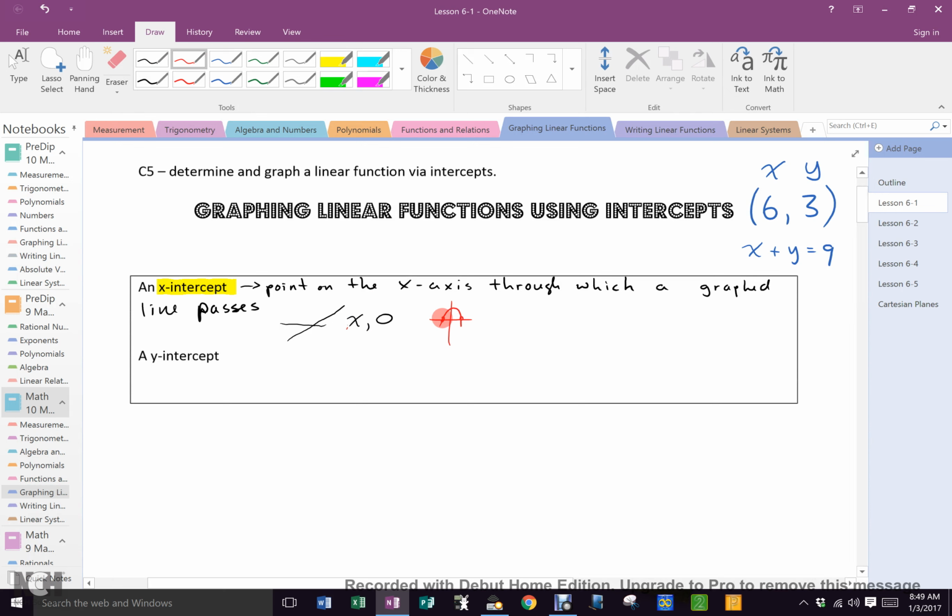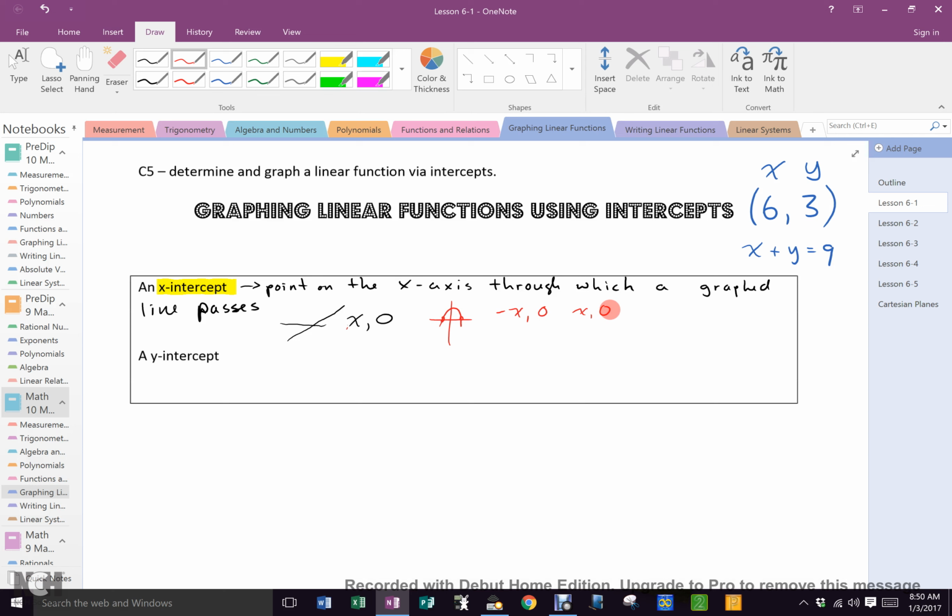2 X-intercepts. What do you know about their coordinates? One is negative X, 0, and what's the other one? Positive X, 0. Everybody cool? Okay, now I've shown you 3 different X-intercepts.